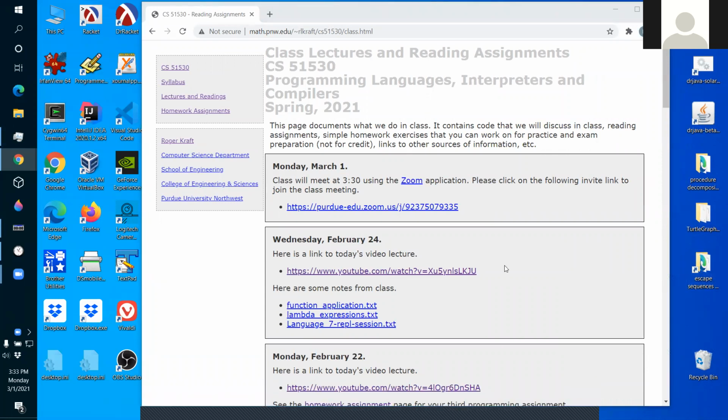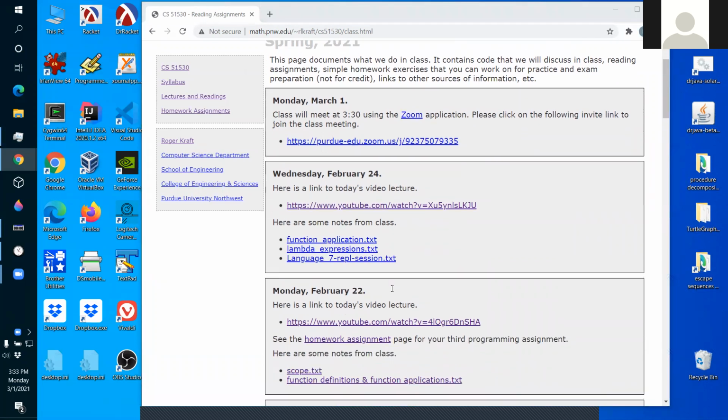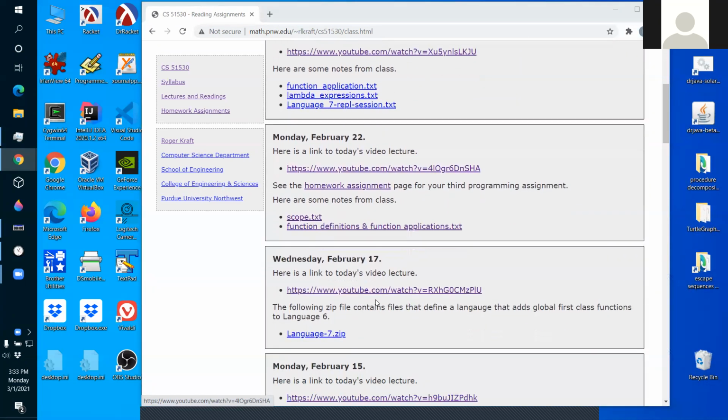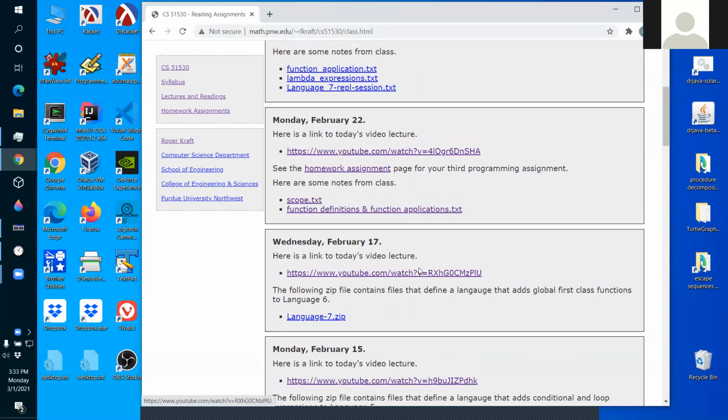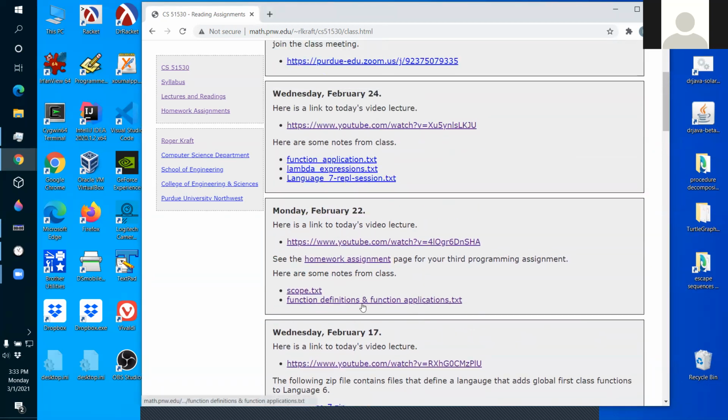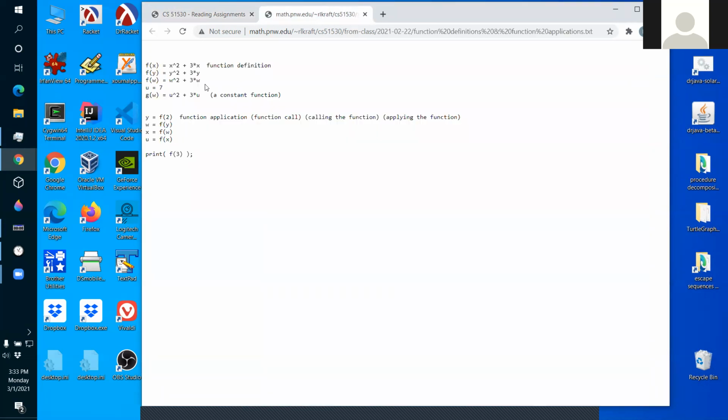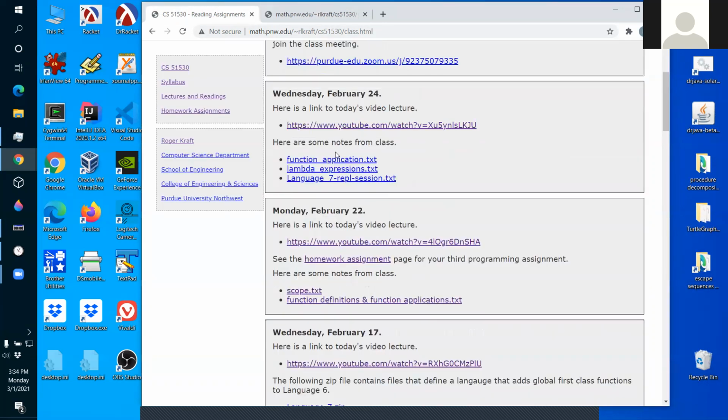What we're going to do today is go through more detail of language 7. Okay, so look, we talked a lot the other day about functions. We've talked about function definitions and function calls.